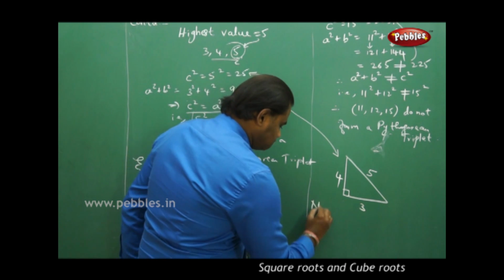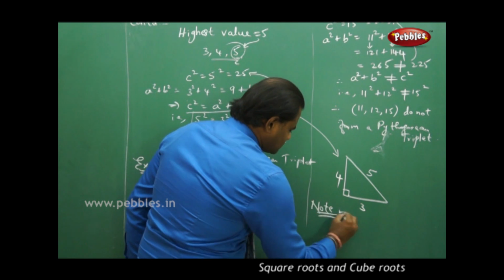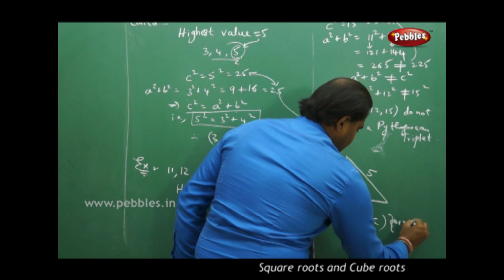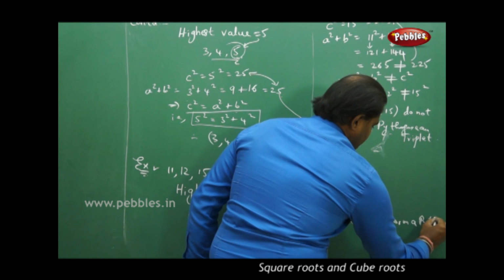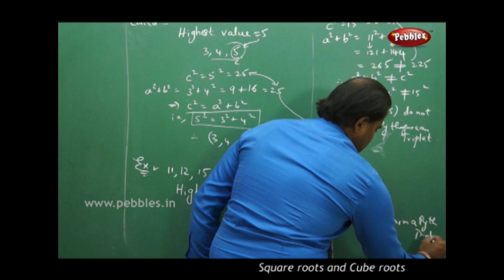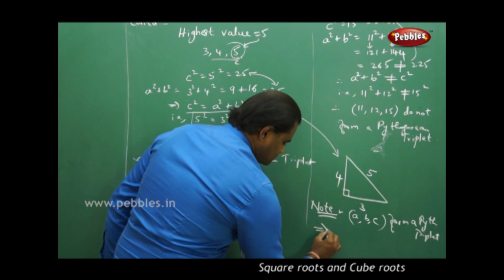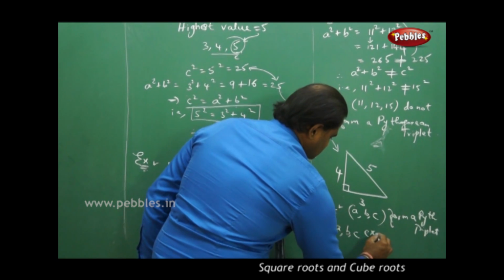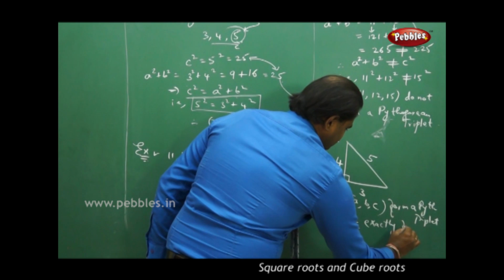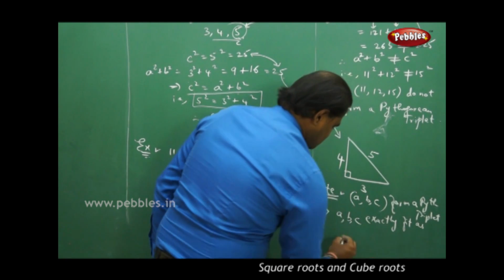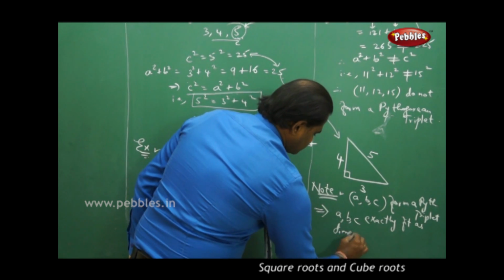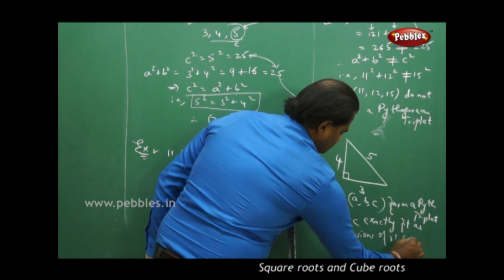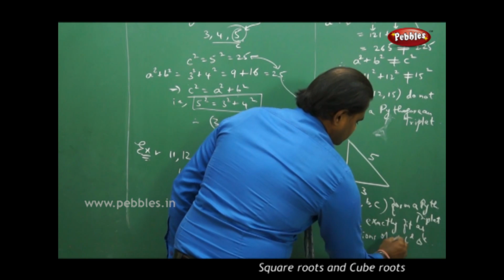So the note here says that if A, B, C form a Pythagorean triplet, it implies A, B, C exactly fit as dimensions of a right angled triangle.